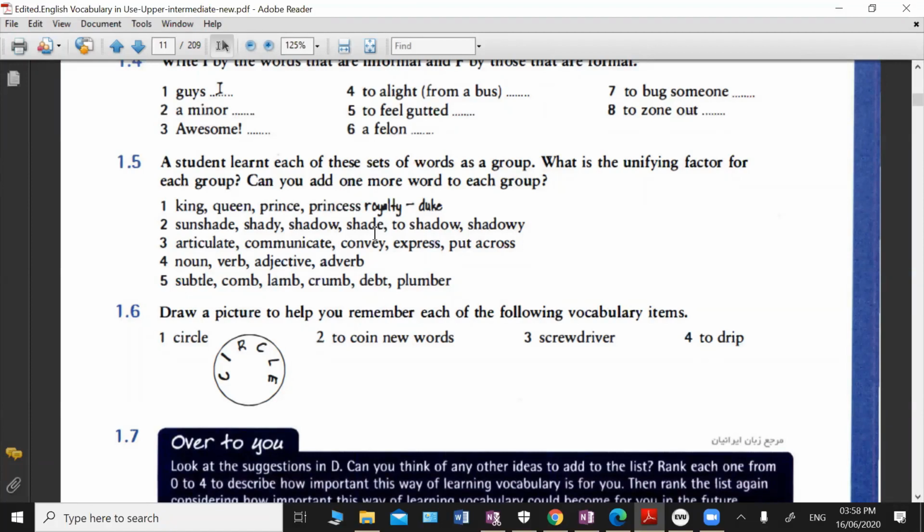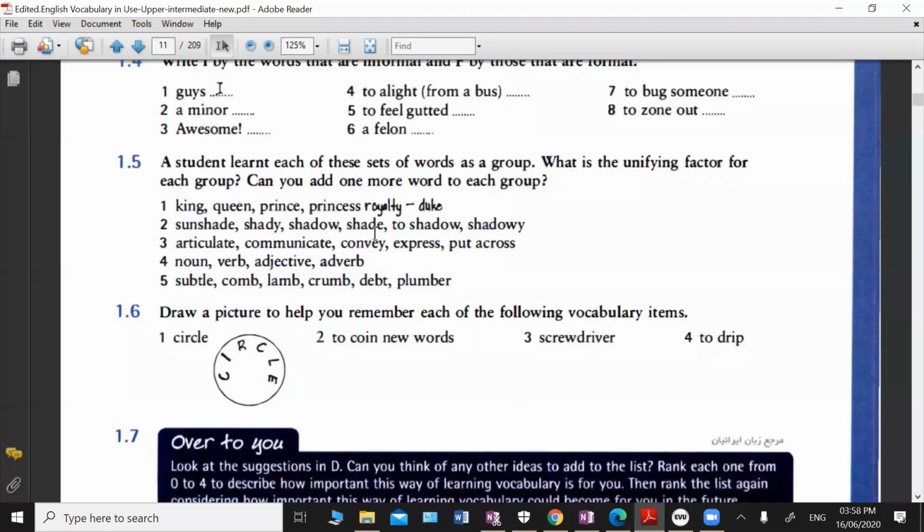Okay, something like that. Next one is like noun, verb, adverb, adjective, preposition, conjunction, pronoun, something like that.